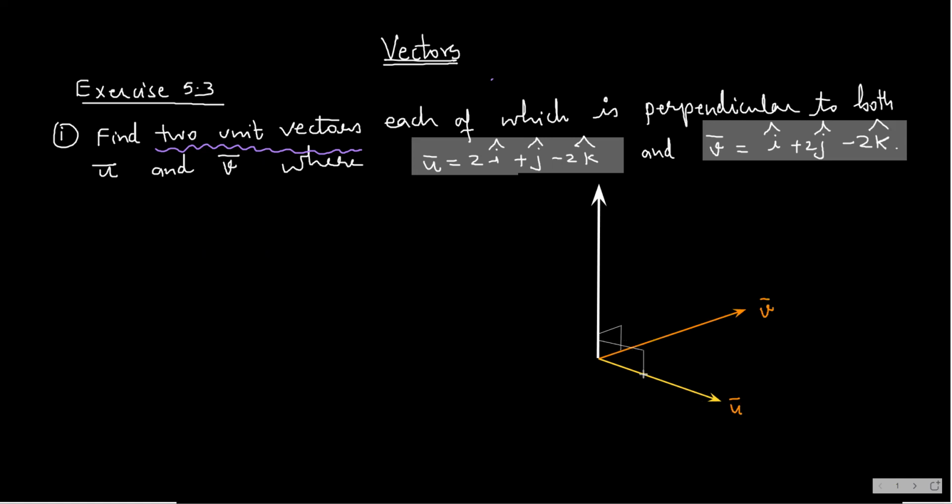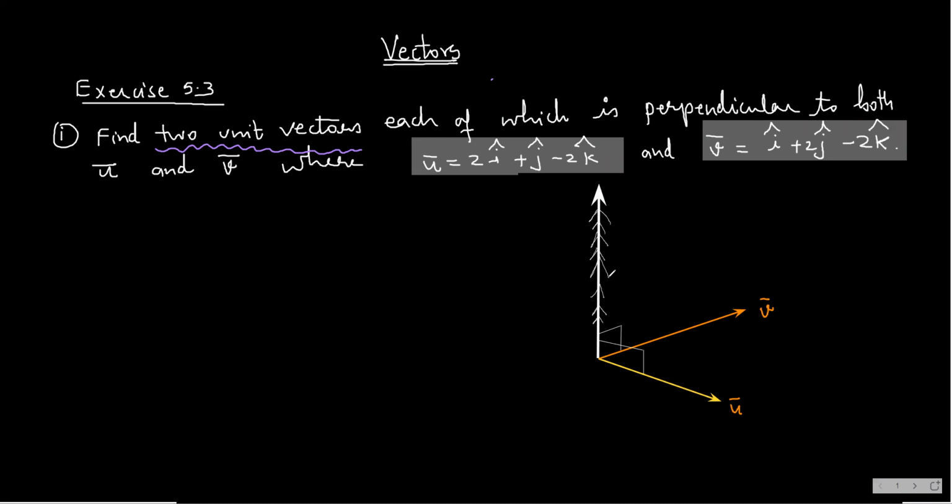So this direction is perpendicular to u bar as well as v bar. So the unit vector has to be in this direction, because they have clearly stated, find two unit vectors, each of which is perpendicular to u bar and v bar. So this is the one direction which is perpendicular to u bar and v bar.